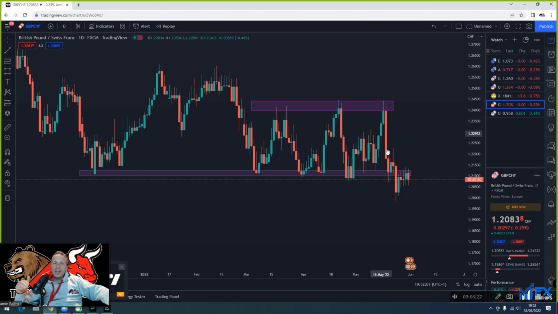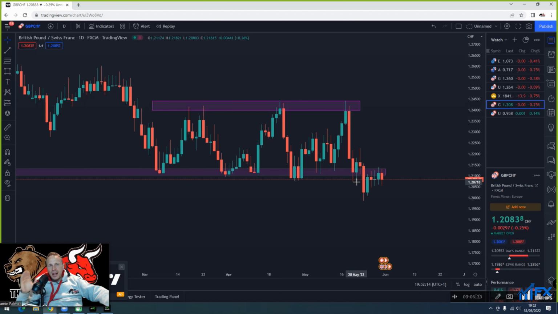So what I was looking for was a breakout of that range, and we actually had that here. Okay, the last few days GBP Swiss has made a new low in the market. So you can see here, we've got a nice little low being formed, nice little break and retest, okay? It's created a new low.